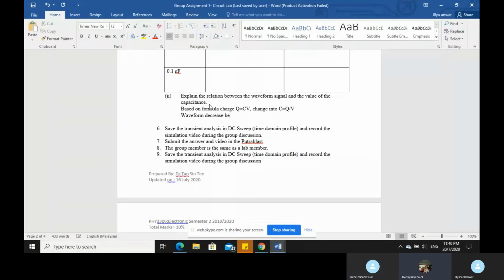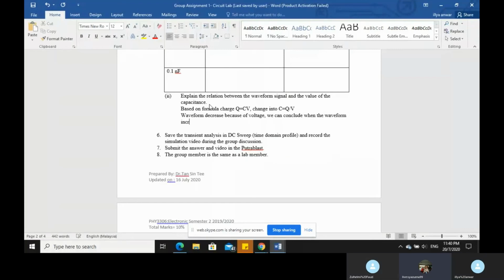So here we can conclude the waveform is actually the voltage. When the waveform increases, it means the voltage increases. So when voltage increases, the capacitance decreases. Okay, this is the answer for this question.